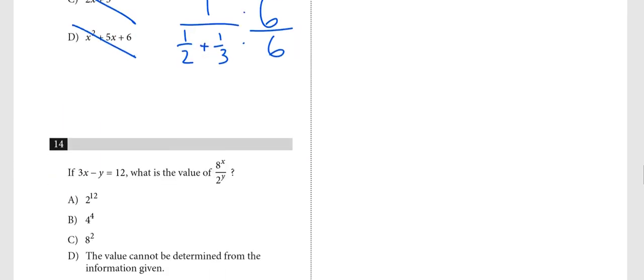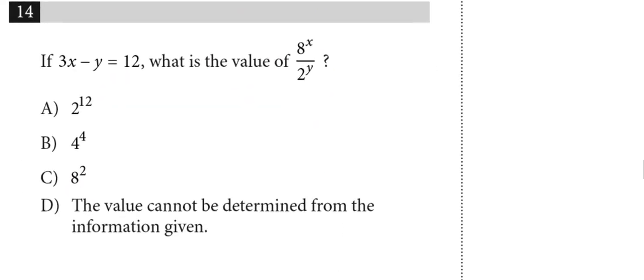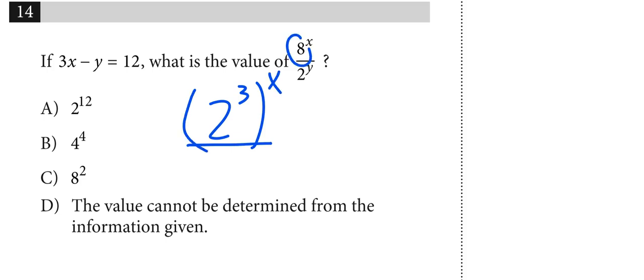Okay, 14. How many of you know that you can change 8 to 2 to the 3rd? I just changed 8 to 2 to the 3rd. Now, you might be asking yourself, why the heck do you want to do that? Well, I want to see if there's a way to combine these, the top and the bottom.